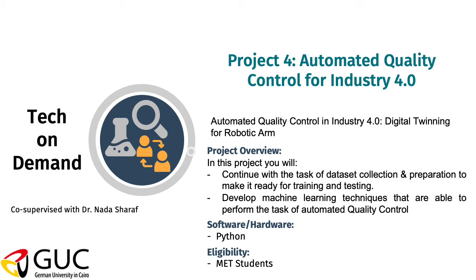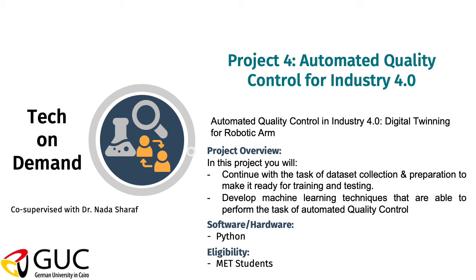You're going to be working together to continue the task that we started last year: collection of the data set for the different products that we will be working on to determine their quality, continued preparation of the data set, and developing and deploying the different machine learning techniques to perform automated quality control. You'd also be working a lot on deploying these mechanisms on the robotic arm, to get it to actually move and execute the control actions that you need the arm to take based on the results of the machine learning techniques.